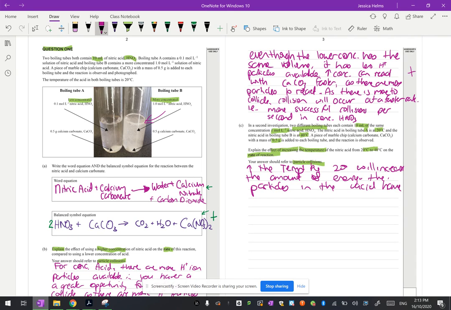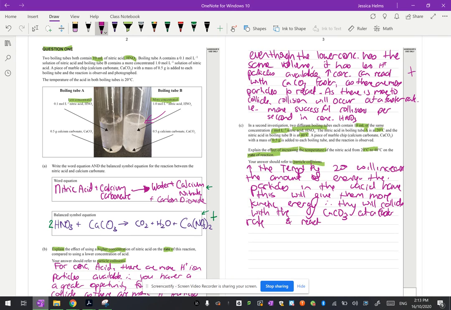Okay, and by increasing the energy they have, this will give them more kinetic energy. And therefore, they will collide with the calcium carbonate, CaCO3, at a faster rate and react quicker.